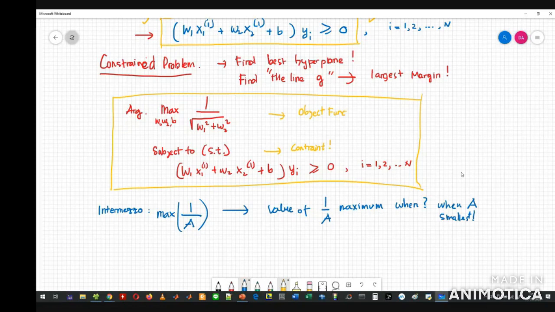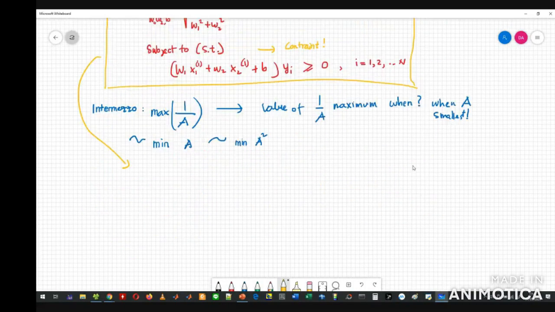So what does it mean? This problem is actually equivalent to minimization of a itself, or exactly the same, minimization of a squared. Okay, so I would like to rewrite this one again.